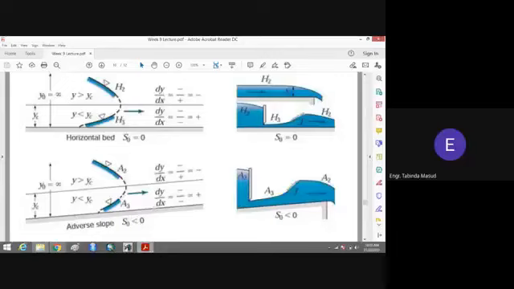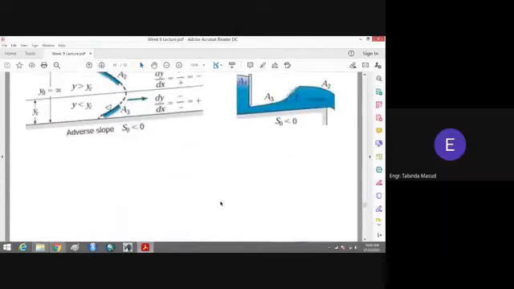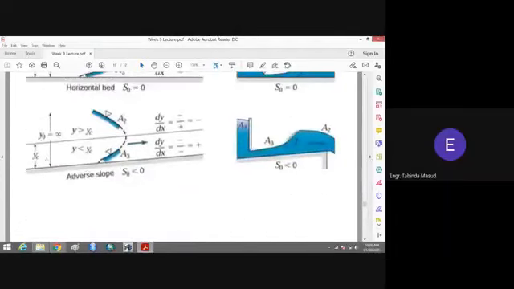You can see that the slope of the channel bed is always falling in the downstream direction, but here it is rising in the downstream direction. ठीक है, आप अगर ऊपर वाले slopes को check करें, you can see that this is the upstream side where the slope of the channel bed rises, and here this is the downstream side. Okay, but this is the adverse slope where you can see that at the upstream side the slope is less, the slope is in the opposite direction. Okay, it is rising in the downstream direction.